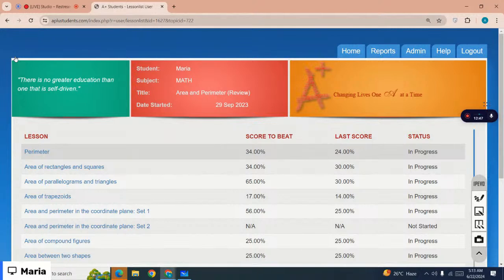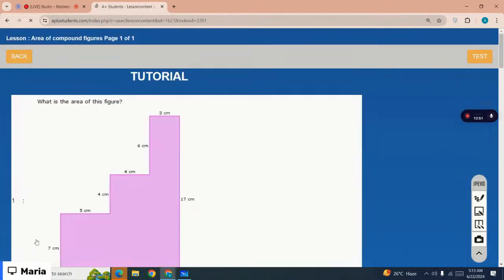You can do set 2 on your own, right? Area of compound figures. Let's just start with the next lesson. What is the area of this figure? So that is a compound figure, right?